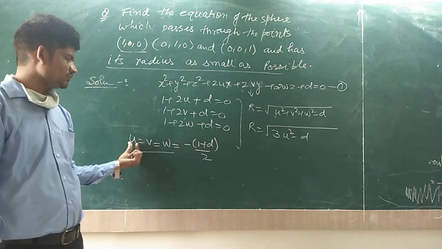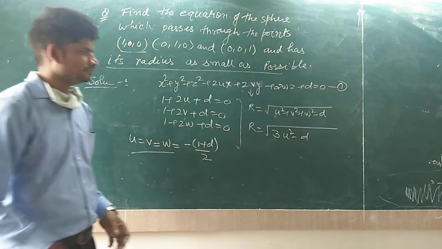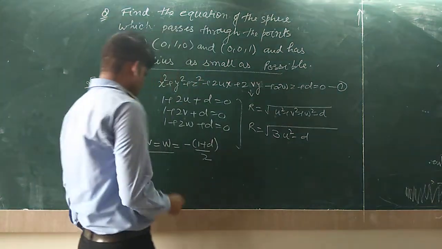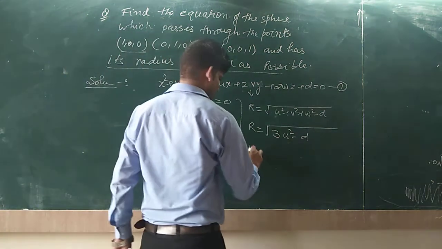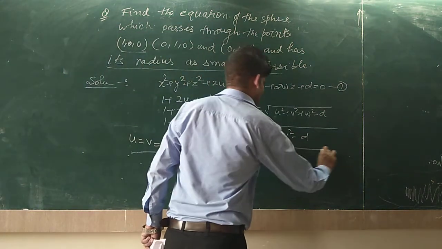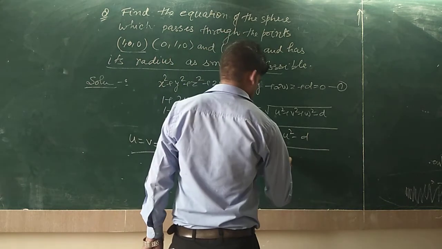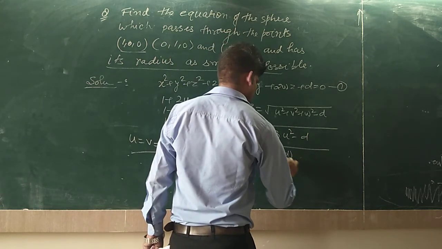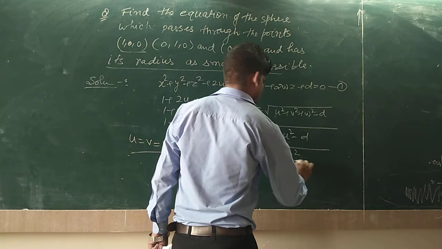Then r square equal to 3 times (1 plus d) whole square upon 4 minus d.